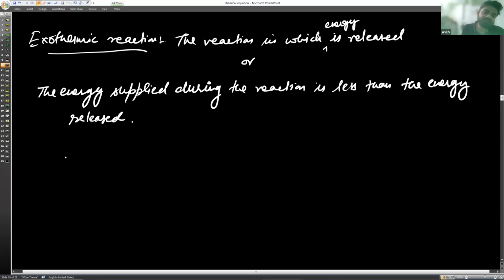Examples: burning of coal, C plus O2, burning of hydrocarbon, to form carbon dioxide. This will give you heat and light.